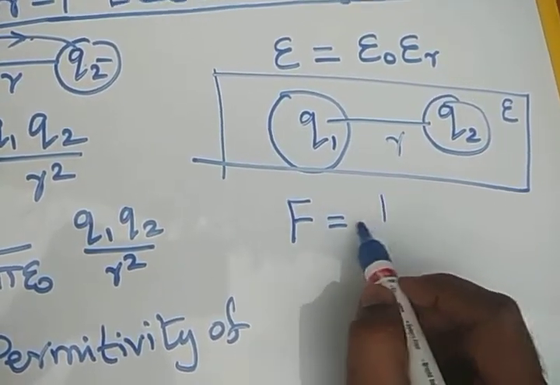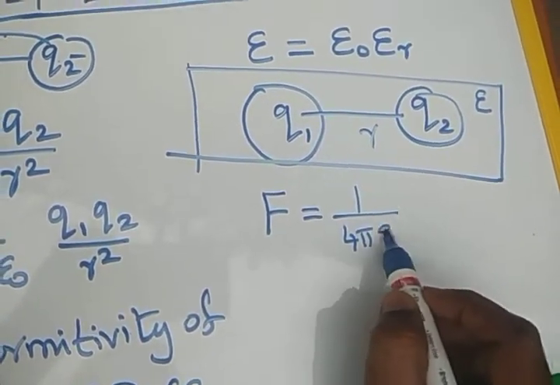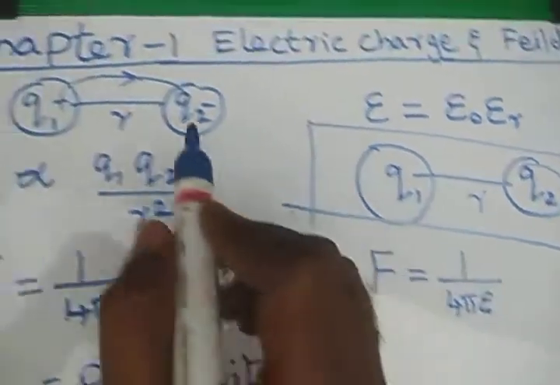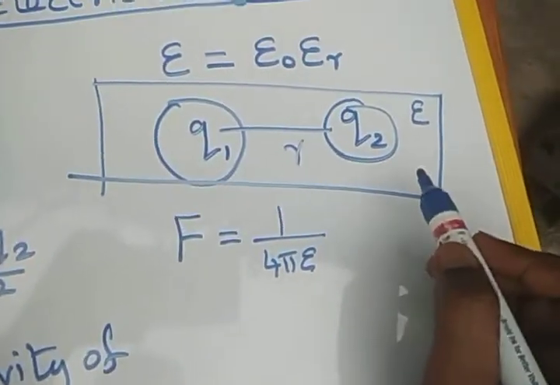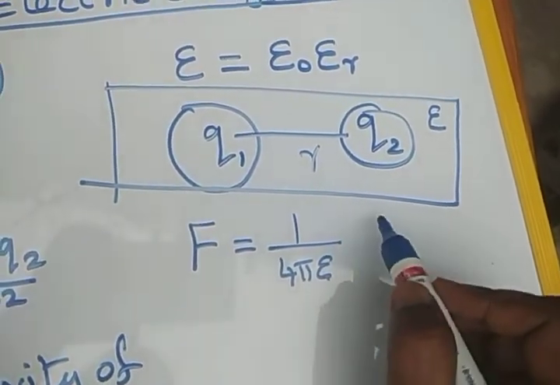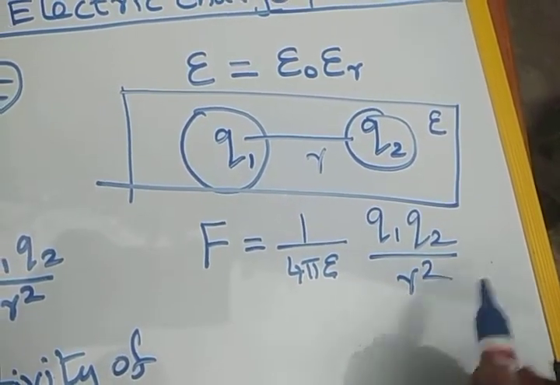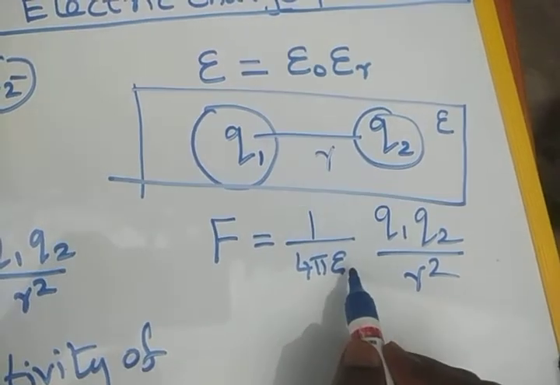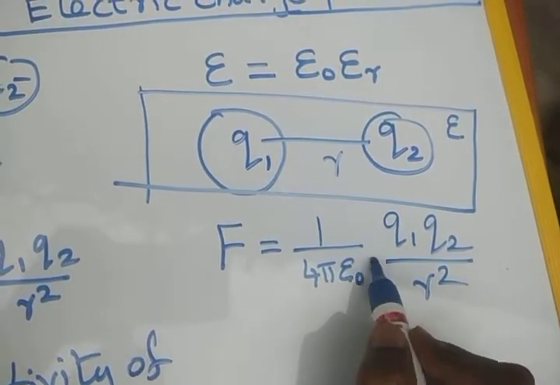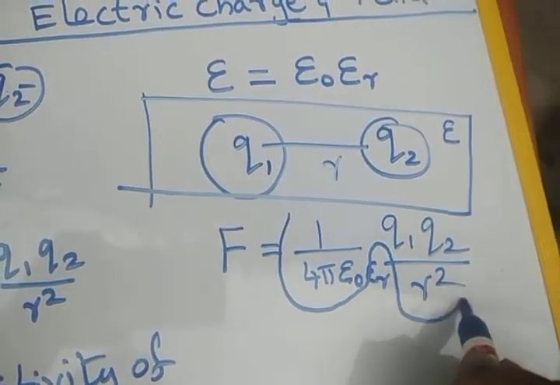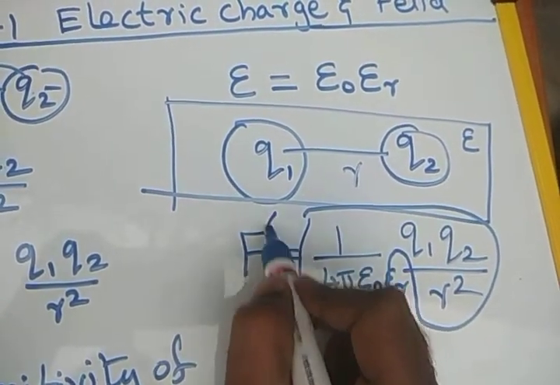F is equal to 1 by 4 pi epsilon, not epsilon naught, because epsilon naught would mean free space. Since it is a medium, we take epsilon alone: Q1 Q2 by R squared. Instead of epsilon naught, we substitute epsilon naught times epsilon R.